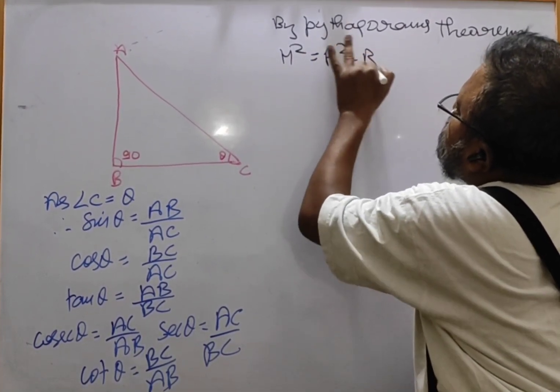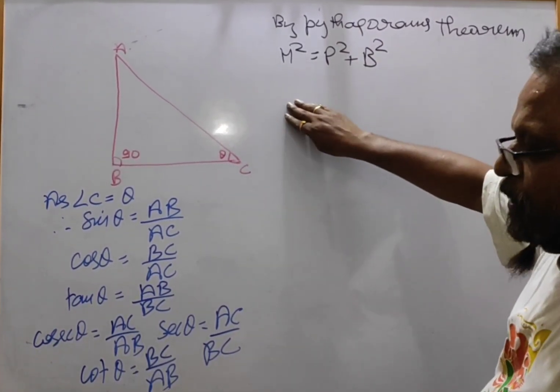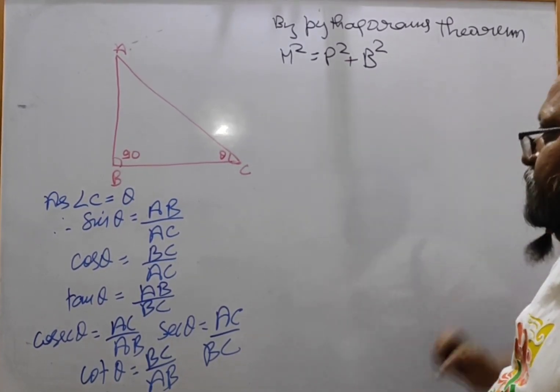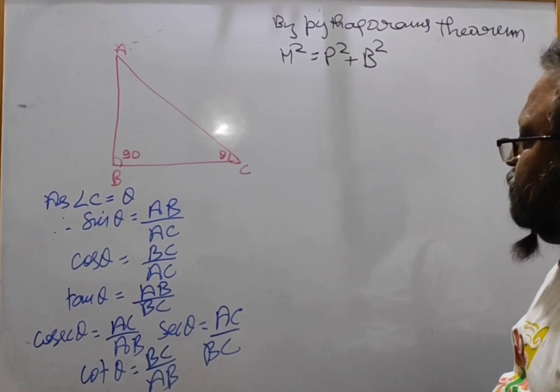Do you know what Pythagoras theorem is? The square of the hypotenuse is equal to the sum of squares of the two other sides. This is the Pythagoras theorem we have.